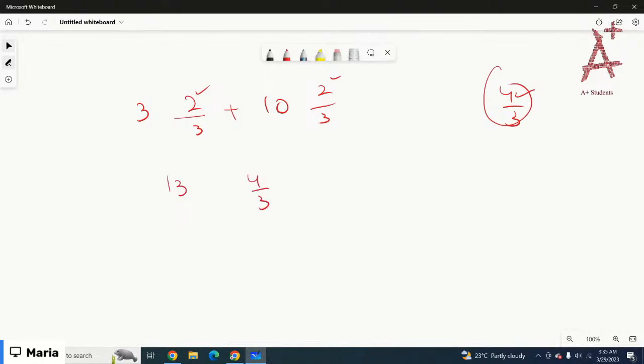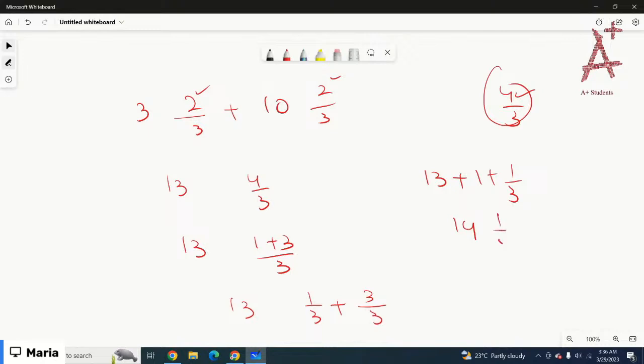Now for the 4 over 3, I'm going to write it as 1 plus 3. 1 plus 3 makes 4. So when you write it down, it would be 1 over 3 plus 3 over 3. 3 over 3 makes 1. Got it? So it would be 13 plus 1 plus 1 over 3.